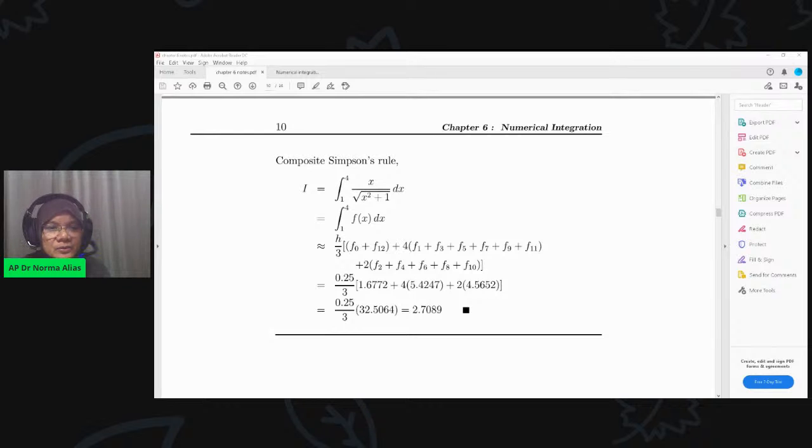Under composite Simpson's rule, you can find the notes and video. Go to the e-learning, you can find the material there, and then there are quizzes. I'm going to open the e-learning.